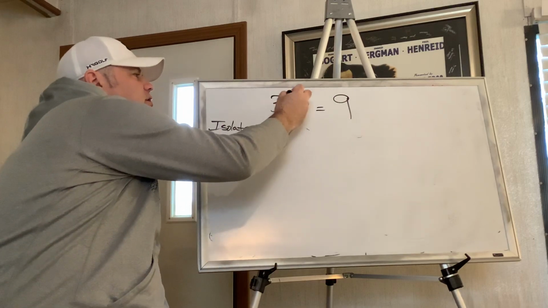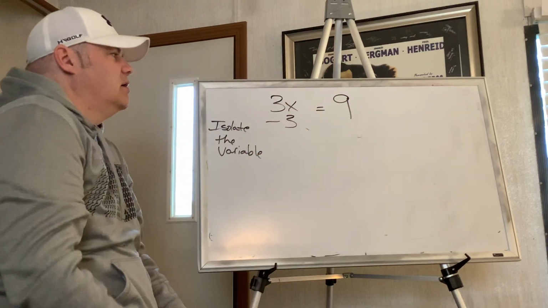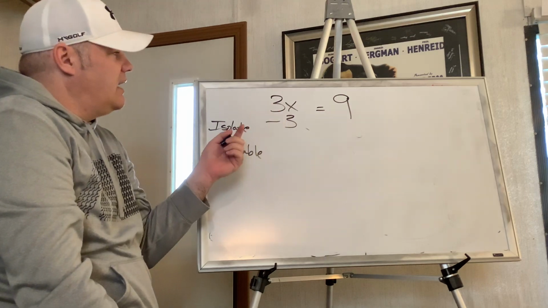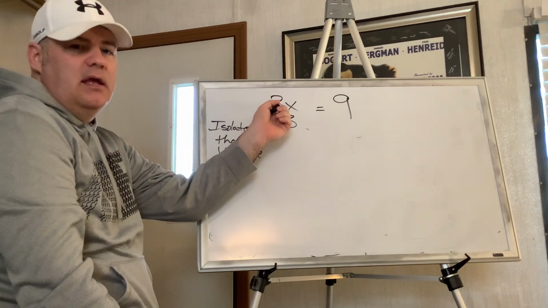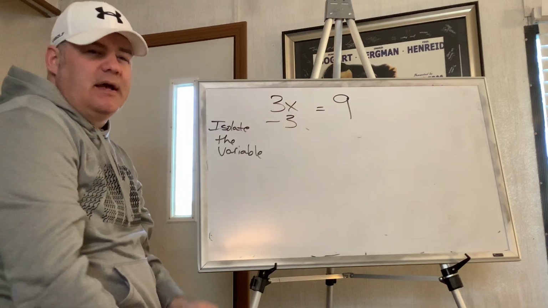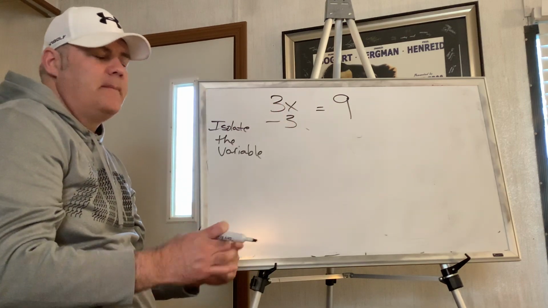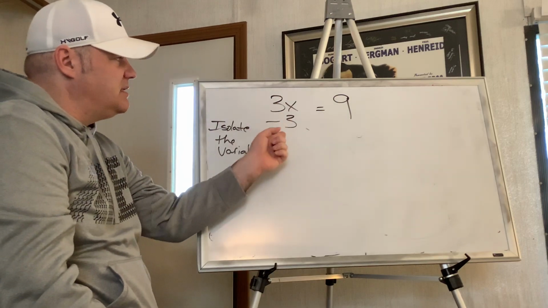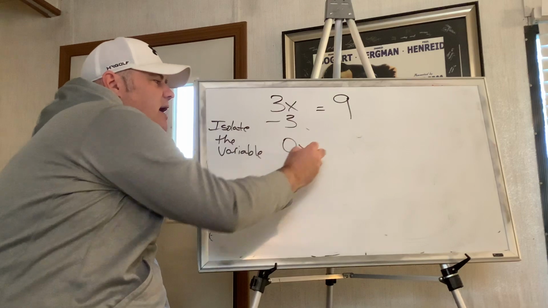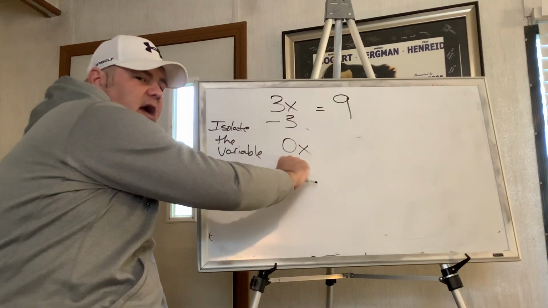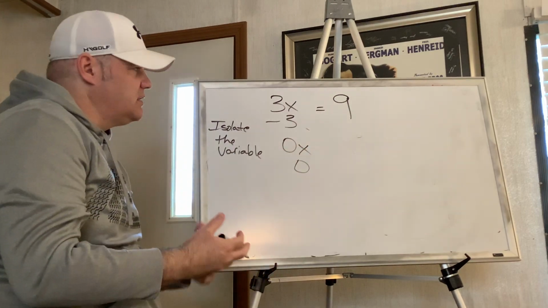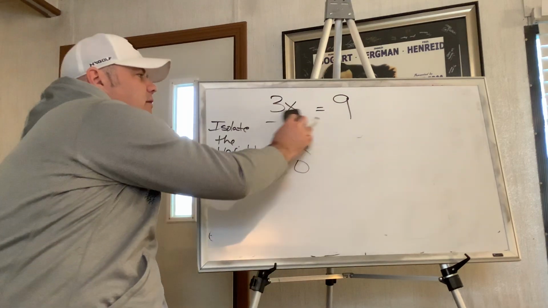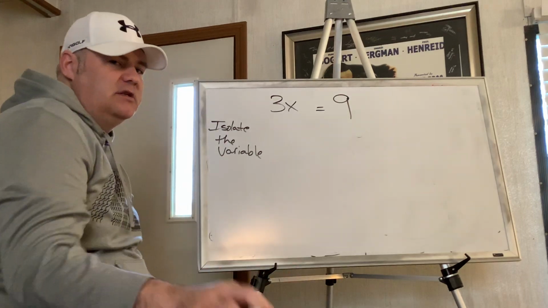Another thing you can't do is subtract 3, because these are not like terms. You can't subtract a number from something that has a letter, so I can't separate those two that way. Besides, we don't want this to be 0x, because 0 times anything is 0. So once again, we've lost everything, our variable and our letter. So we're not going to subtract 3 in this spot.